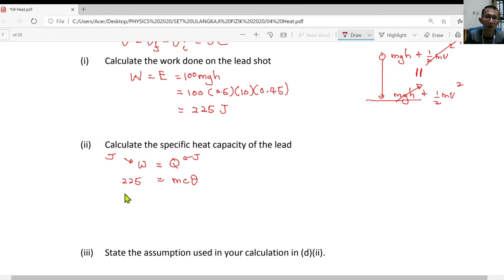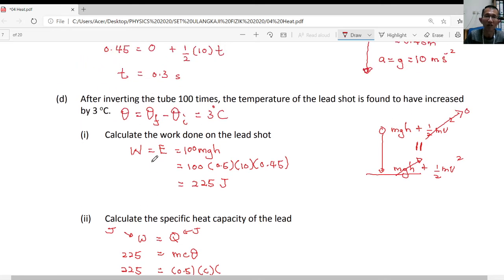So I have 225, the work done, equals the mass of the lead, which is 0.5 kilogram, multiplied by c, and theta is, if we go up here, mentioned in the question, increase by 3 degrees Celsius.